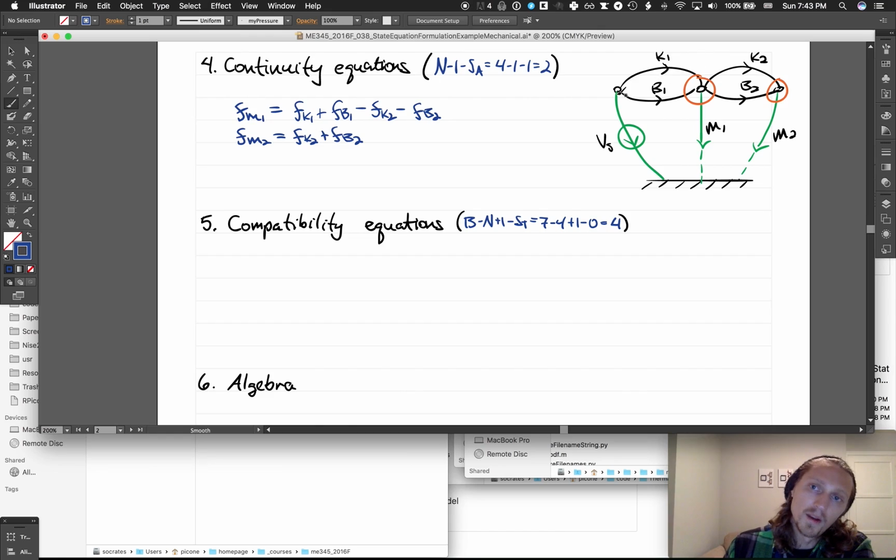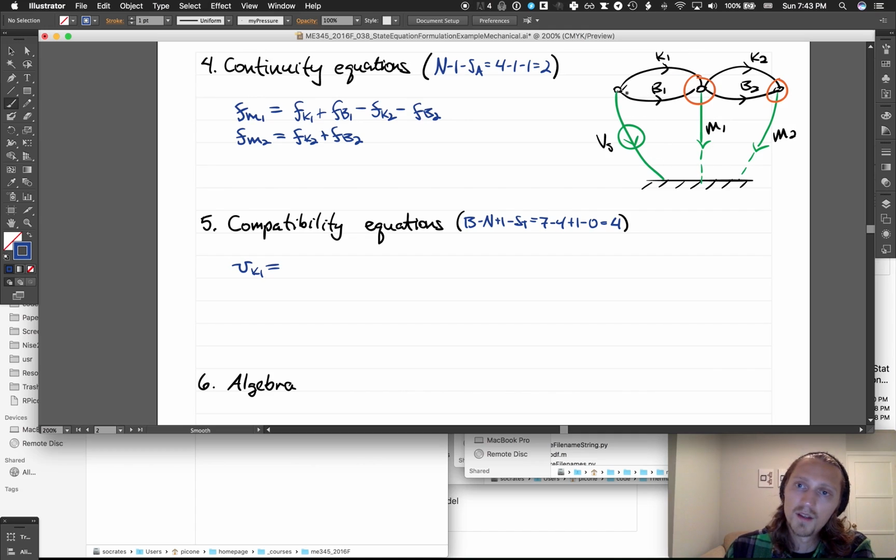So we write VK1, which is what we want to solve for, is equal to, so we put this into this loop. So VK1 goes from this node to this node. So we need to see how we get from this node to this node using the other path.